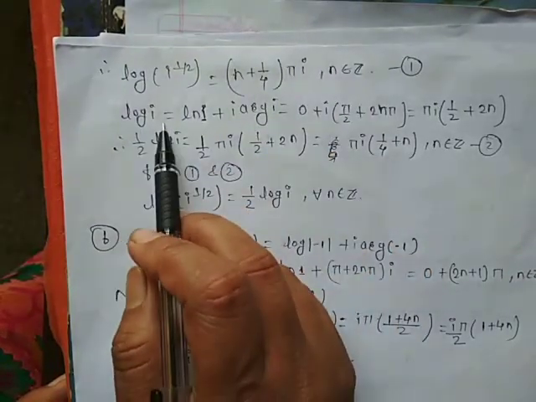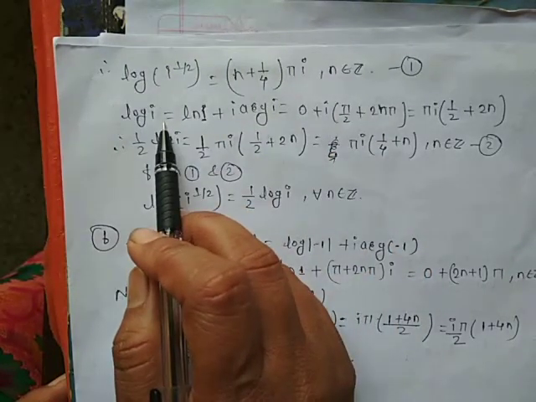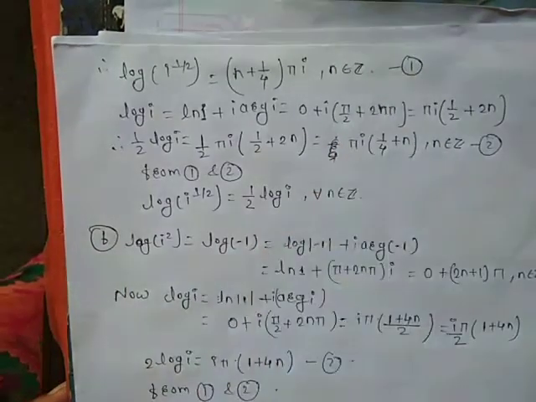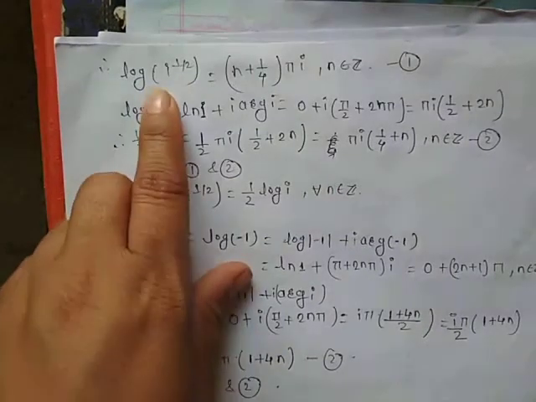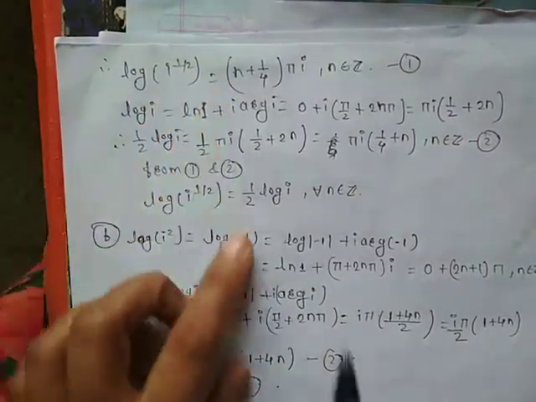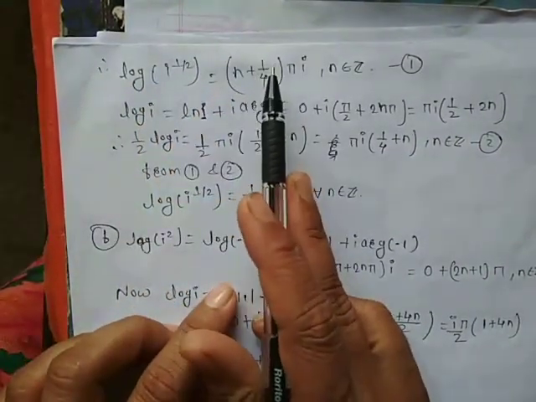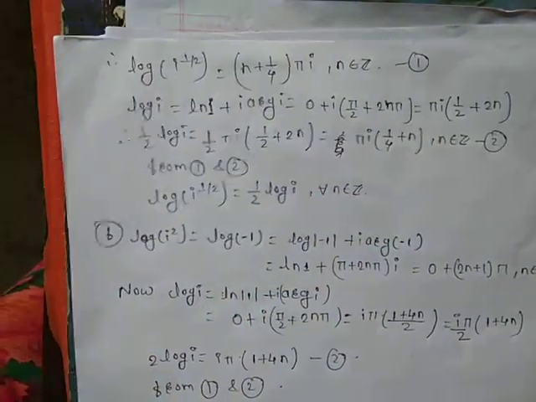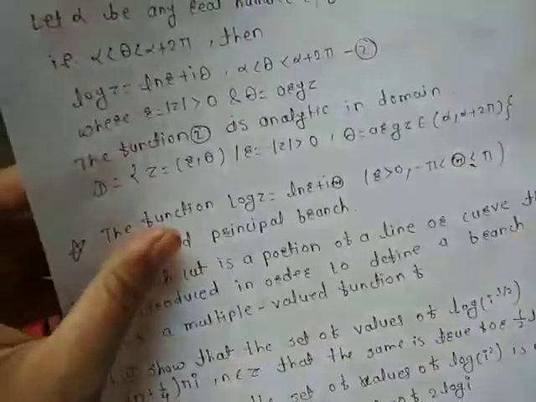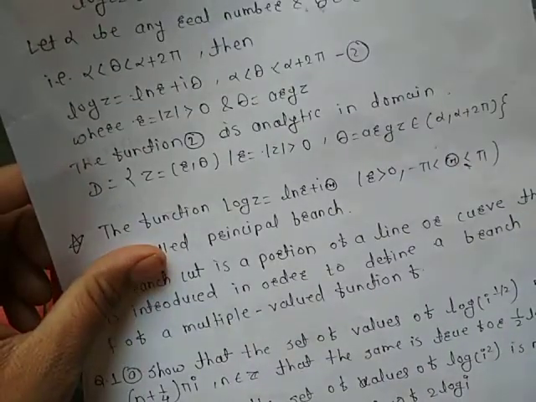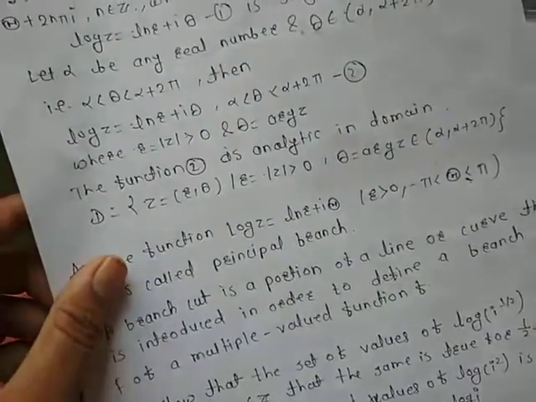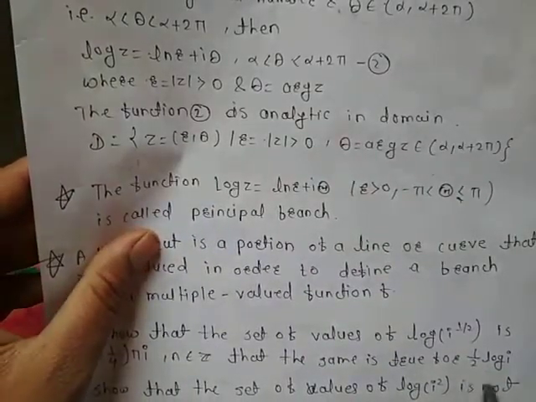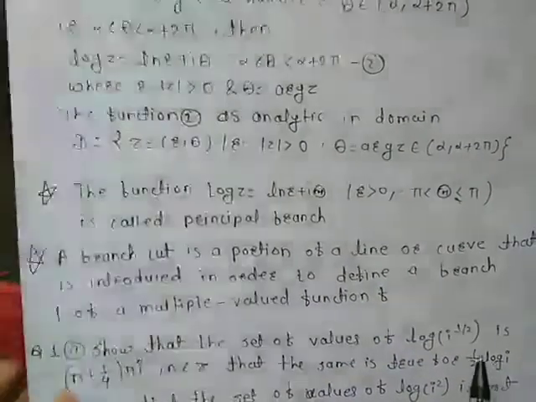Call this equation number 1. So log of i raised to 1 by 2 is equal to (n plus 1 by 4) into pi i, n belongs to Z. Now we will find the value of 1 by 2 log i.